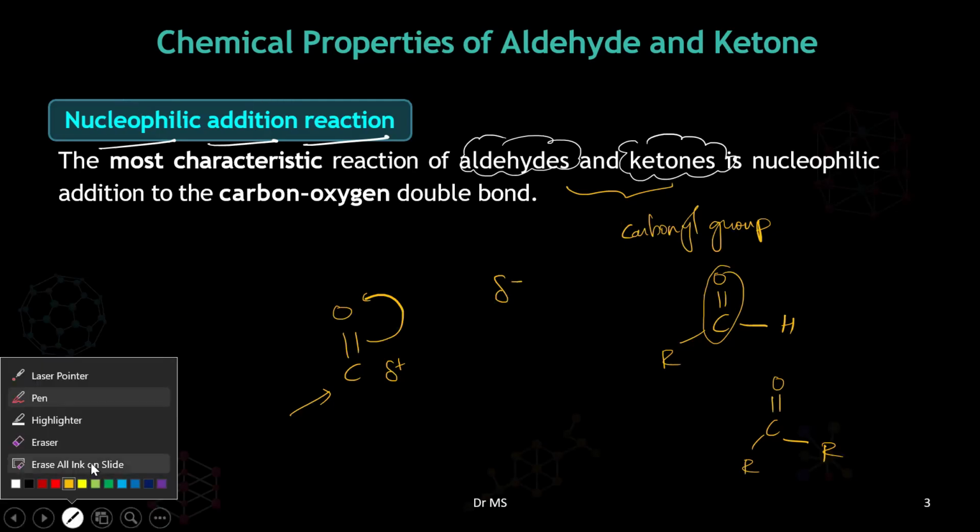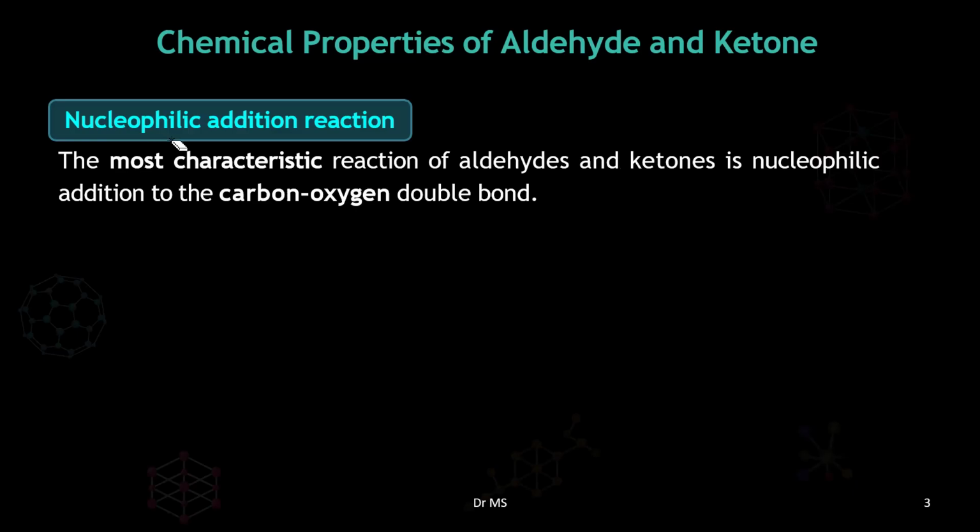You understood? What is the main reason aldehydes and ketones undergo nucleophilic addition? Understood? So just remember, this reaction involves the addition of the nucleophile to the carbon-oxygen double bond.